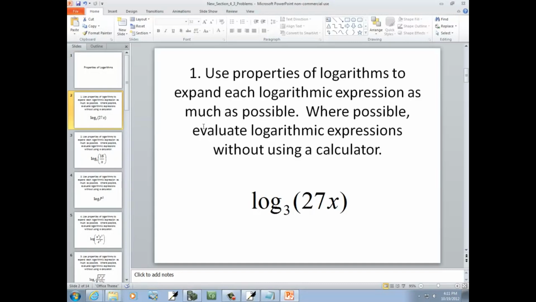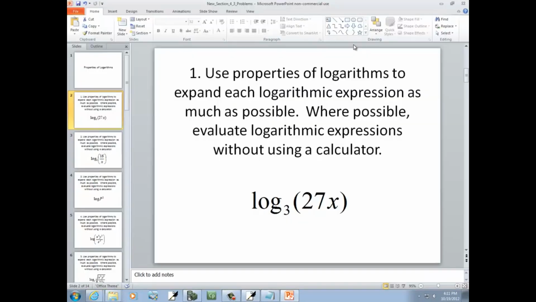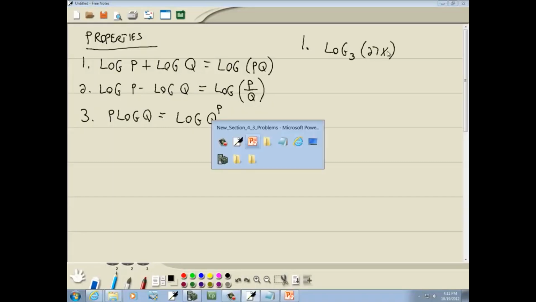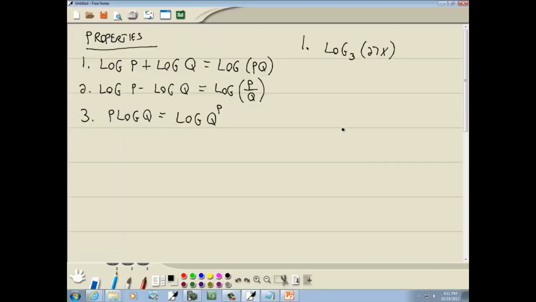Let's take a look at our first problem. Log base 3 of 27x. It says use properties of logs to expand each log expression as much as possible. Where possible, evaluate the log expressions without using the calculator. So we want to split these into separate logs.